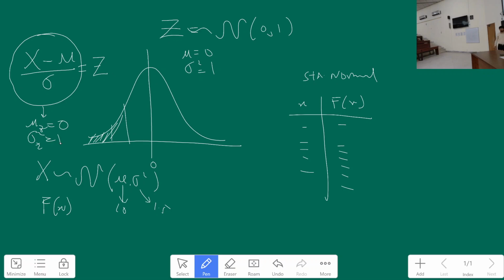So by doing this modification, you have converted this thing into a standard normal distribution. Now back to the question, how can we use this standard normal formula for this guy? Okay, let's look at that then.